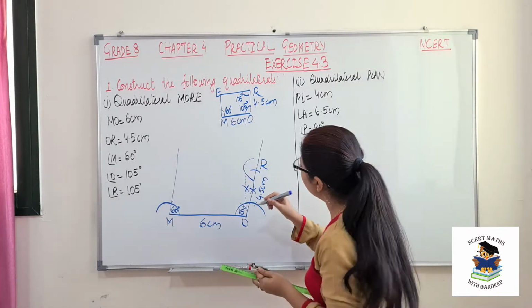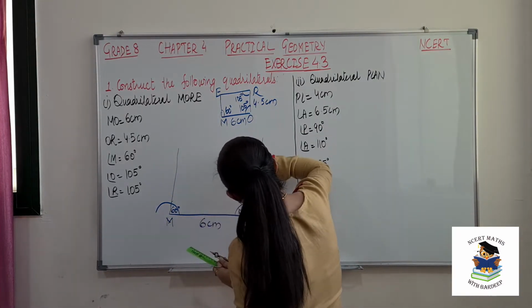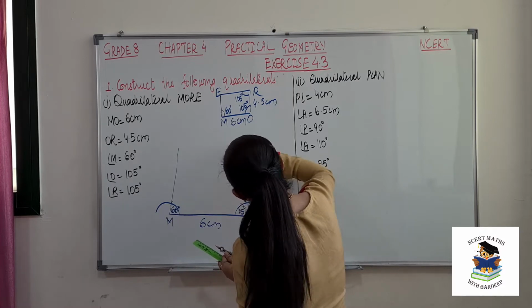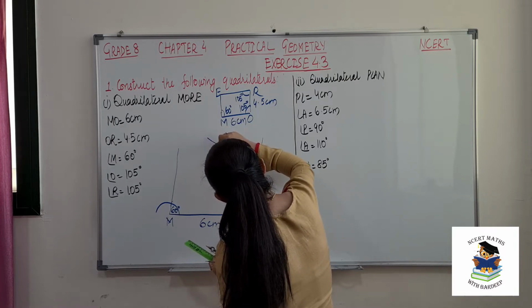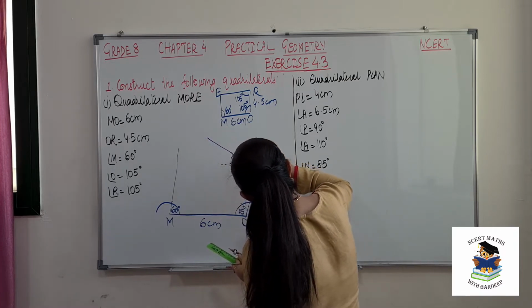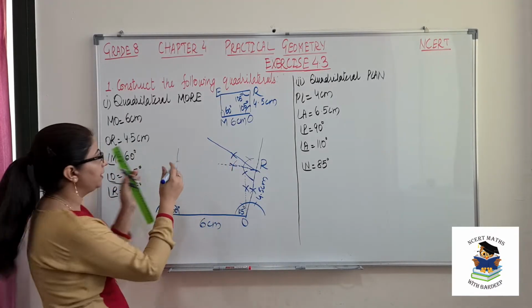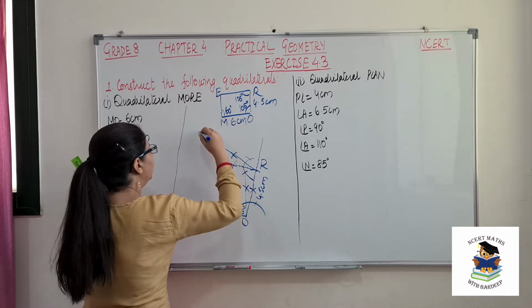Now we will again make 105 degree, the same as we did before. First a 90 degree angle and then bisect it. Something like this. Now see, these two lines are not intersecting, so we will extend them further like this and this.